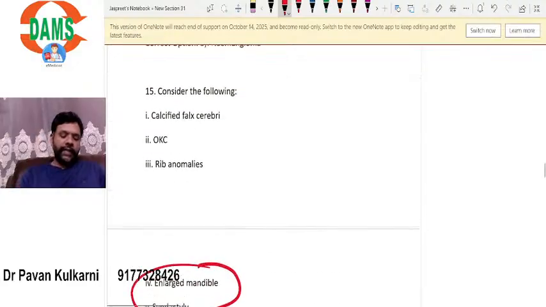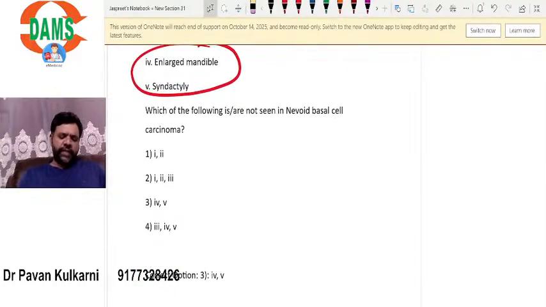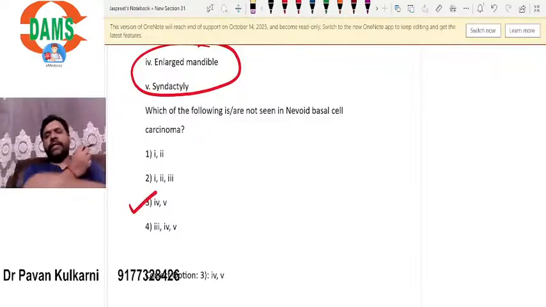All other three are seen. Yes, we see calcified falx cerebri in the midline. We see multiple OKCs in nevoid basal cell carcinoma. We see rib anomalies. Enlarged mandible and syndactyly are not features of the nevoid basal cell carcinoma syndrome.